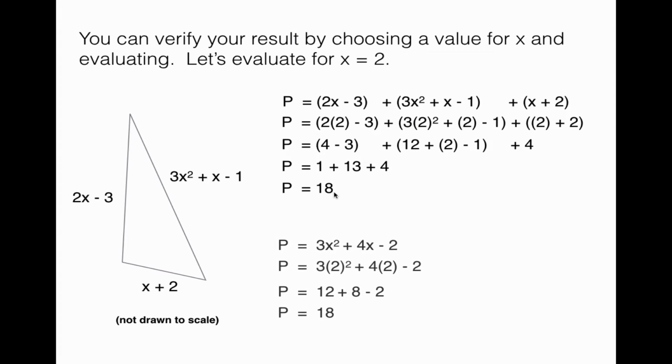Now, if we take this simplified version, if this really is an equivalent expression, then when we plug in that 2, we should get the same value, and sure enough, we do. And so this gives me peace of mind that what I did created equivalent expressions. So I know I have the right answer.